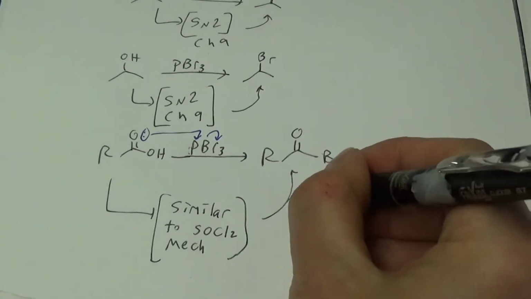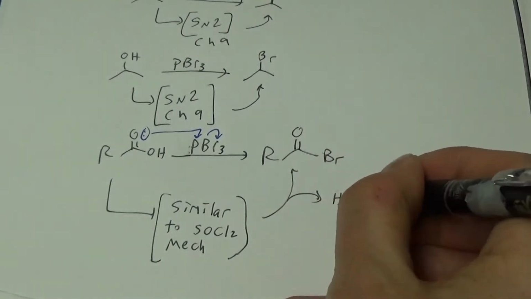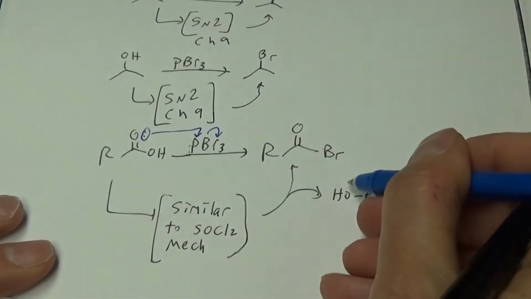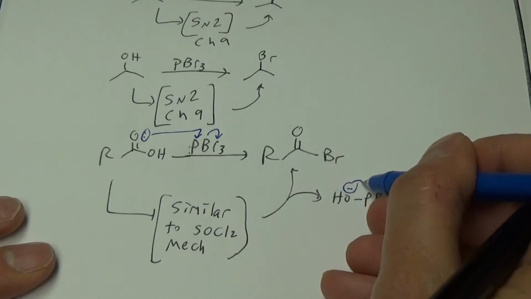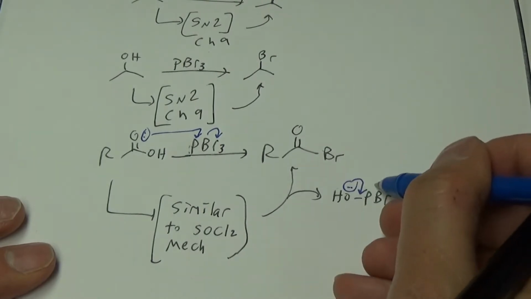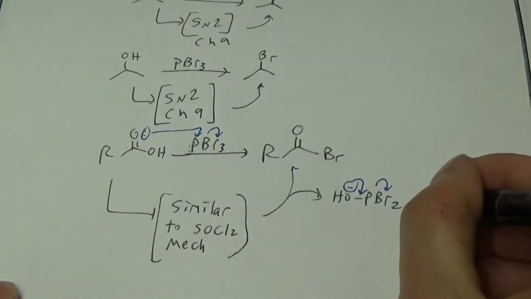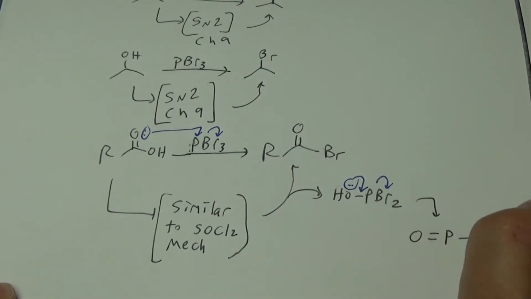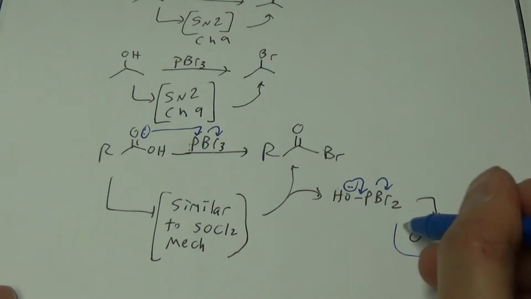It kicks off HOPBr2, which falls apart a little more later, where oxygen kicks in and the Br gets kicked off and you get O double bond PBr. So that's your byproduct.